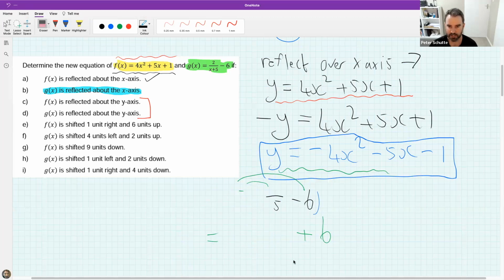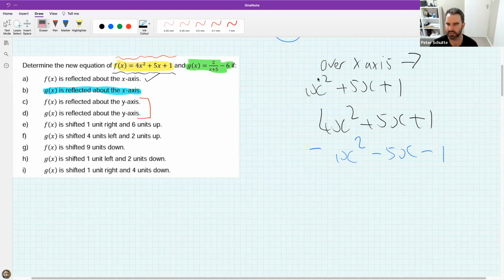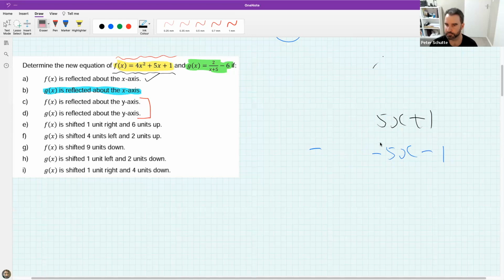What do you think is going to be a little bit different now? Maybe somebody can put in the chat, how do we reflect something over the y-axis? It's a different axis this time.